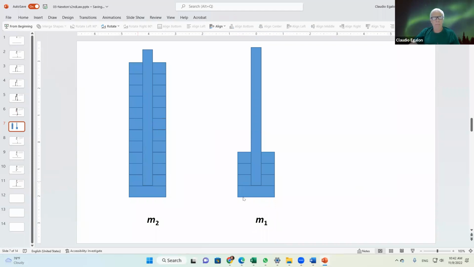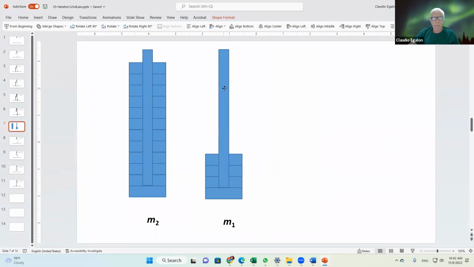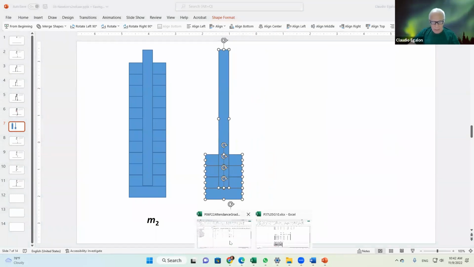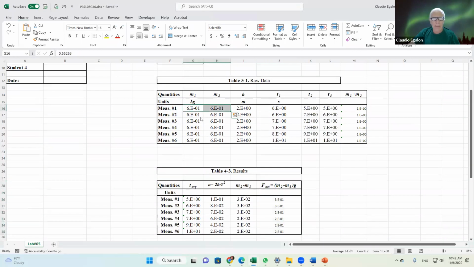Okay, we have more mass on M2 than on M1, so the system will be accelerated in the direction of M2. So we run the experiment once, and that's what we have in the first row right here.